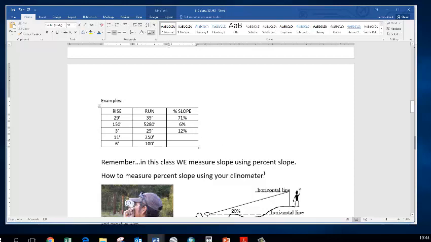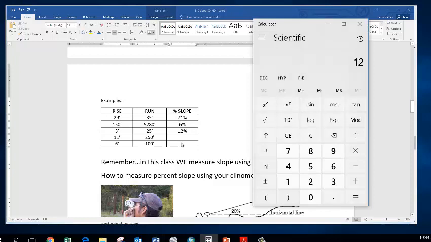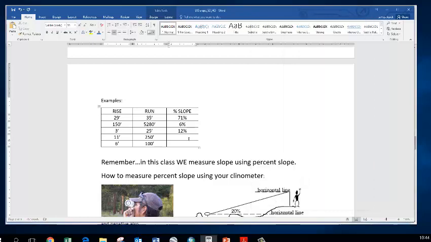Okay. And let's do another one. We got, let's see, 11 divided by 250 times 100. That's, let's just say 4%.